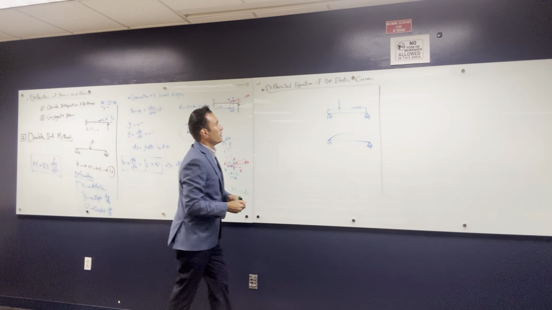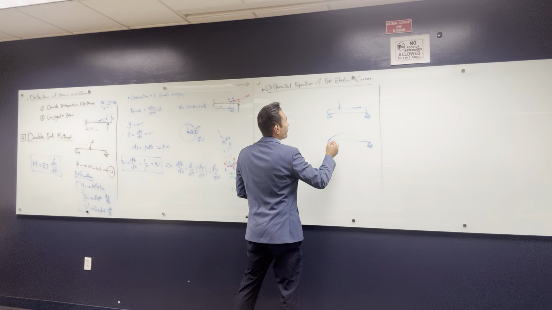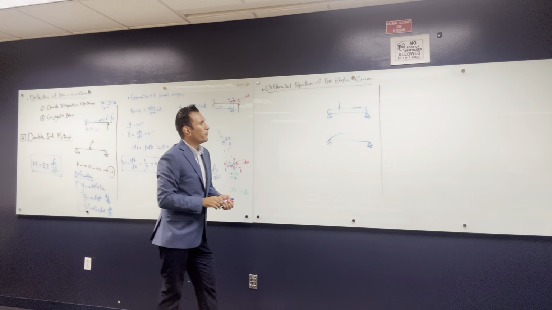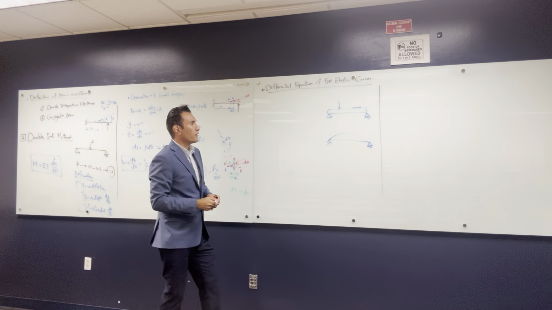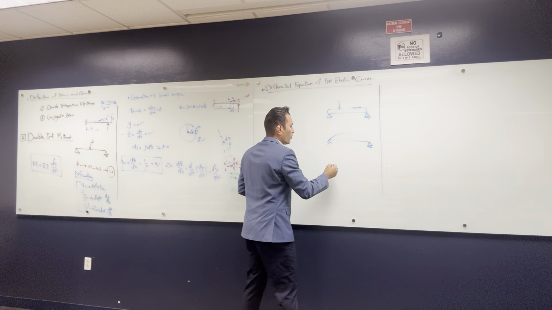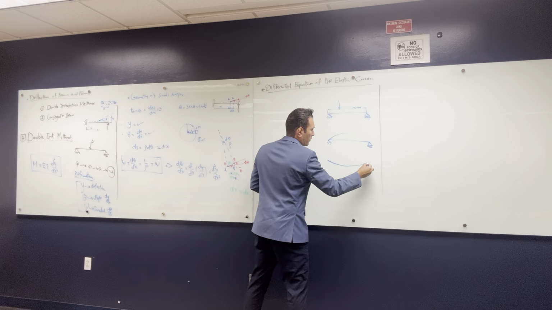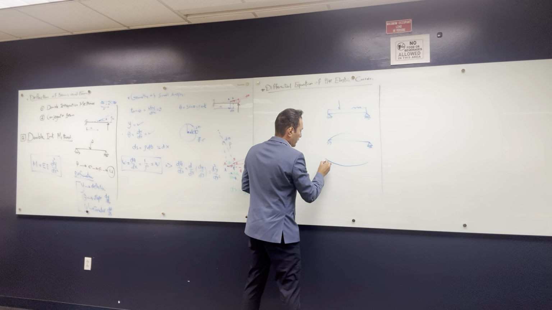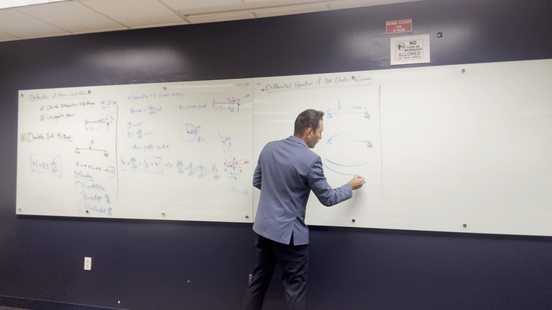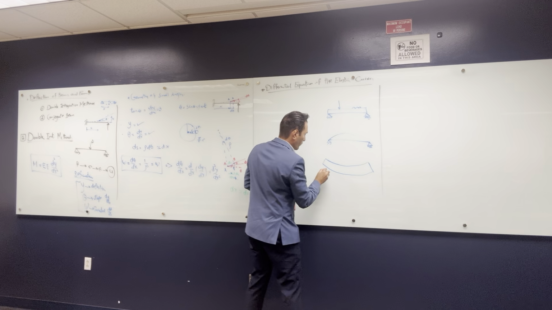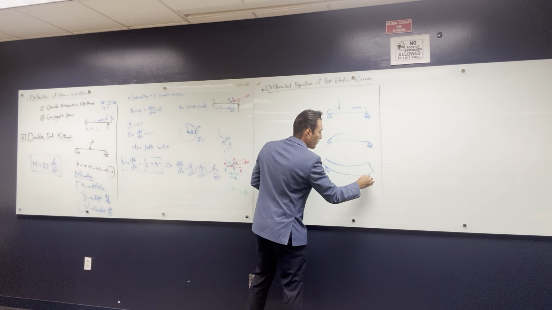And I take a cut in this beam. How does the deformed shape of this beam look? Since the loads all go down, it's going to be something like this once it's deformed.